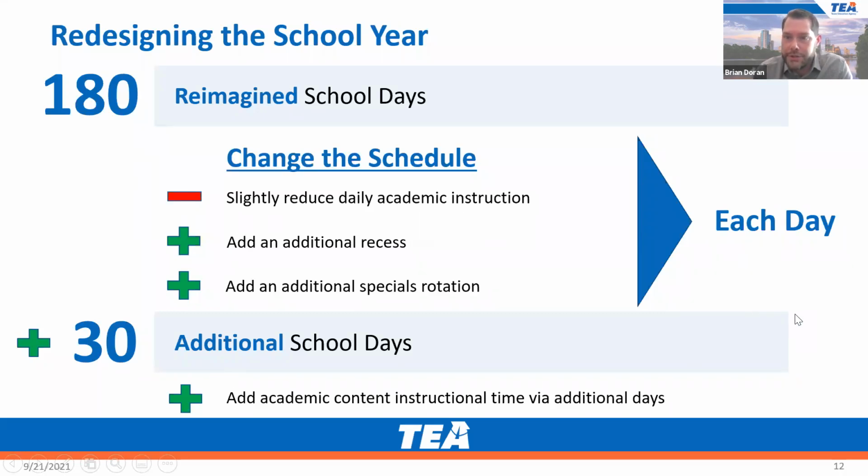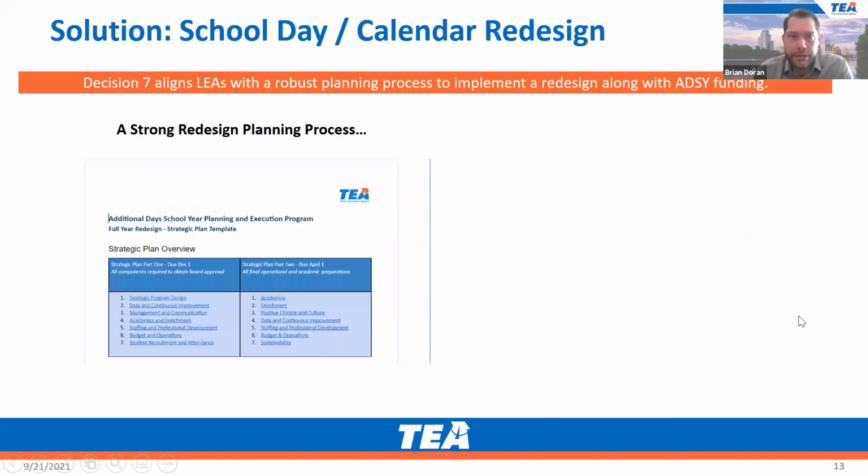And so to do this, we are running what's called the Additional Days School Year Planning and Execution Program. And what this does is pair a strong redesign planning process, where you are going through a robust strategic plan to think about and plan for all the key components that you need to address in order to get this redesign done.